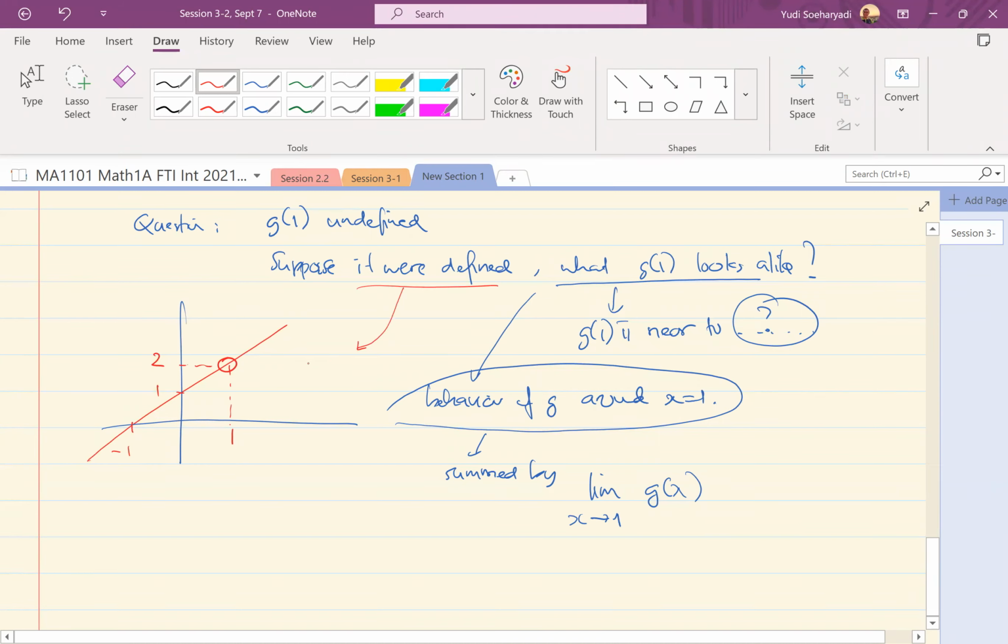From this picture. Close to value 2. Okay, and this is what we call limit.